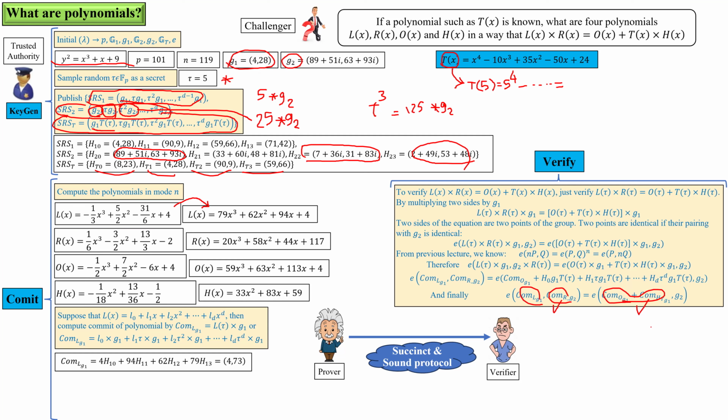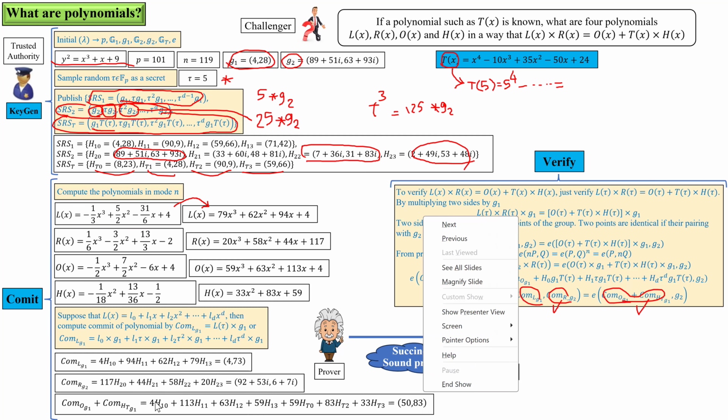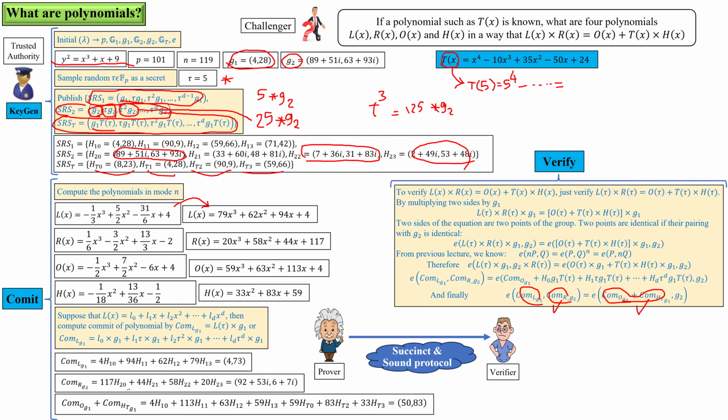So the commit of L of x is already computed. The commit of R of x should be computed now. The commit of R of x would be computed by the SRS2 values. So H20 is this one, H21 is this value, H22 is this value, and H23 is this value.